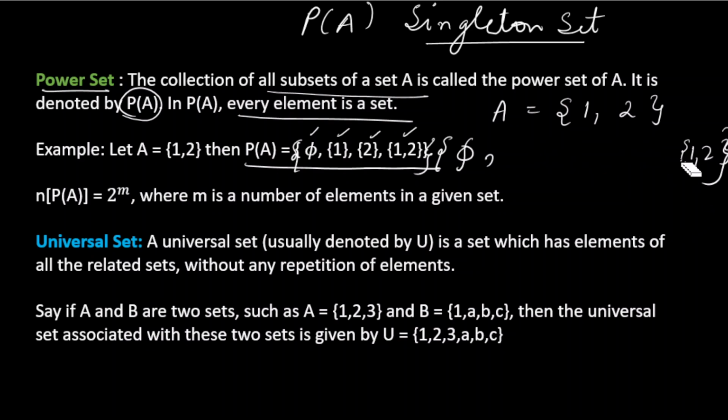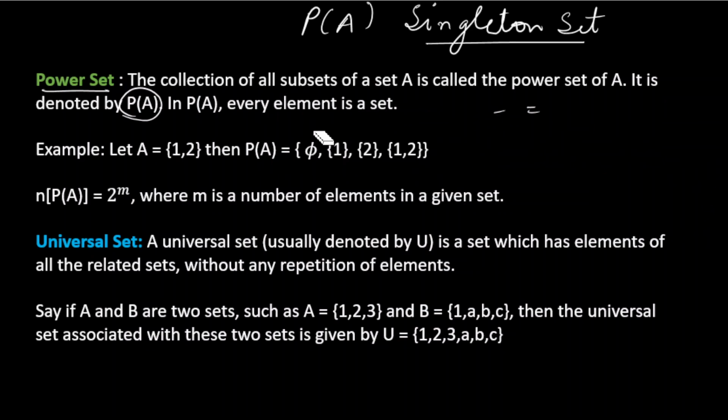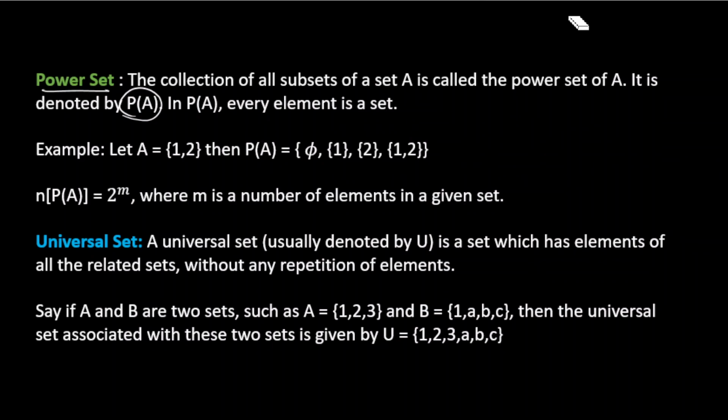I'll give you another example. Suppose I have any set A, and I am taking it as {1, 3, 5}. Now it has 3 elements, so I have to write its power set. For the power set, I need all the subsets. So let's write all the subsets. As I have told you, the empty set will always be a subset and the set itself will always be a subset of itself.